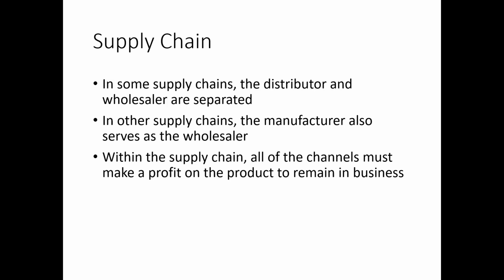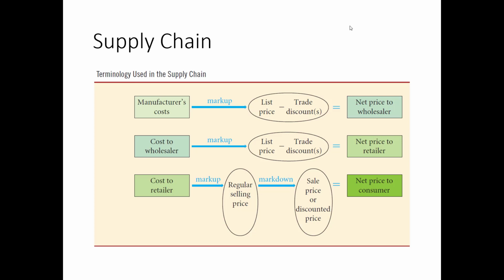It's probably fairly rare that every one of those 5 channels exists. Nevertheless, for each one of those channels, whether it's a manufacturer, wholesaler, retailer, they do have to make money, right? And so they take the price that they pay to whoever's further up in the supply chain, add their value added, mark up that price, sell it to their customer.